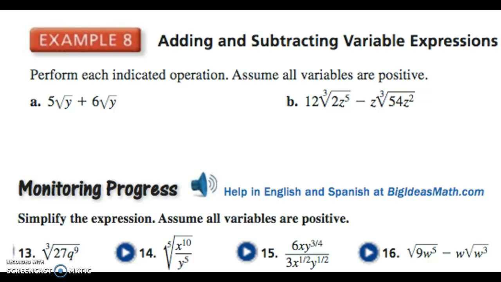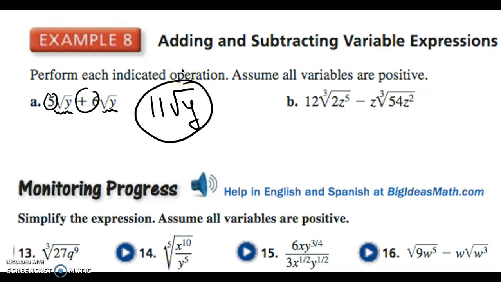Now let's move to example 8, adding and subtracting variable expressions. First thing you have to make sure is that the radicals are identical. They're both square roots of y. If that's the case, then you can actually add 5 plus 6 and get a total of 11 radical y's. Now that one was nice and easy, but notice in letter B, these are not alike. But let's see if we can simplify them first.